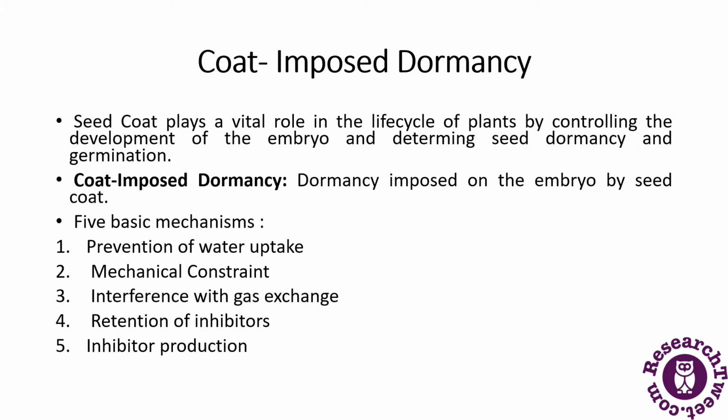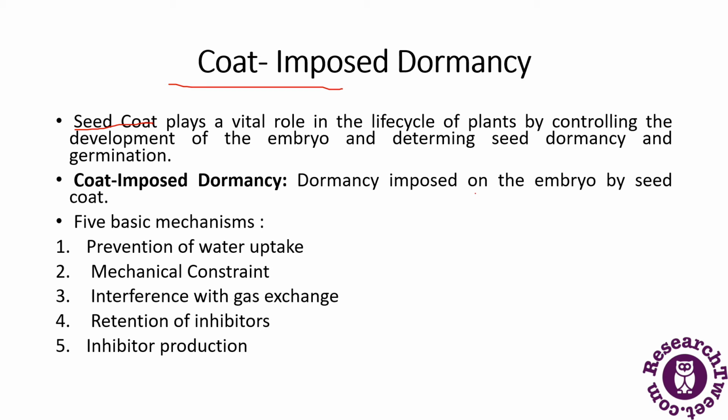Seed coat plays a vital role in the life cycle of the plant by controlling the development of the embryo and determining seed dormancy and germination. So this is named coat imposed dormancy because of the seed coat, which basically helps in the development of the embryo and also determines the seed dormancy and the germination.